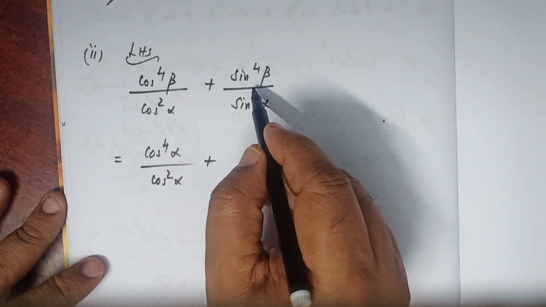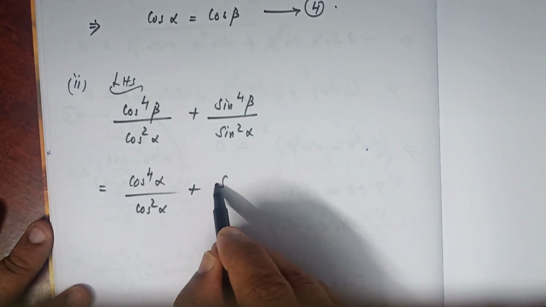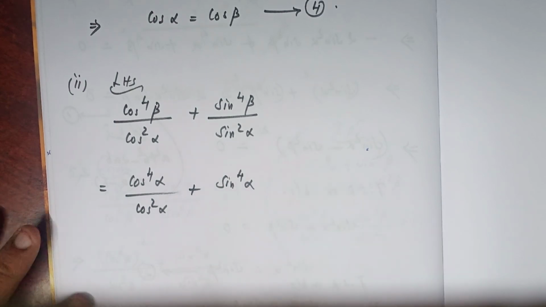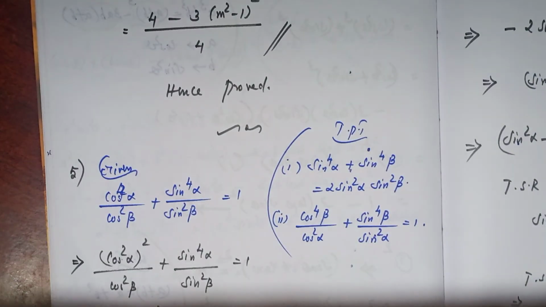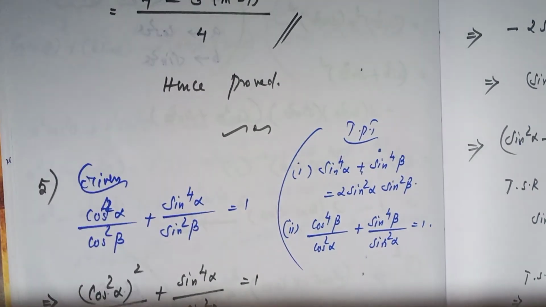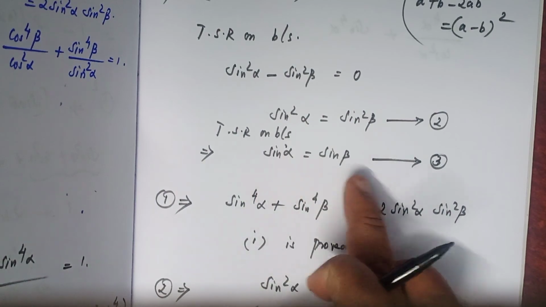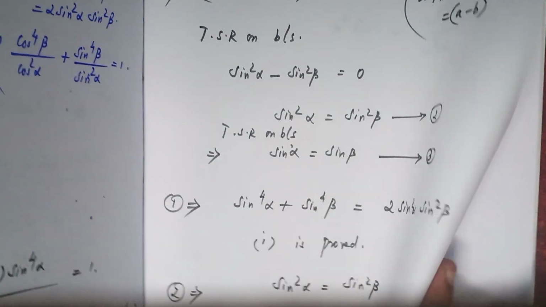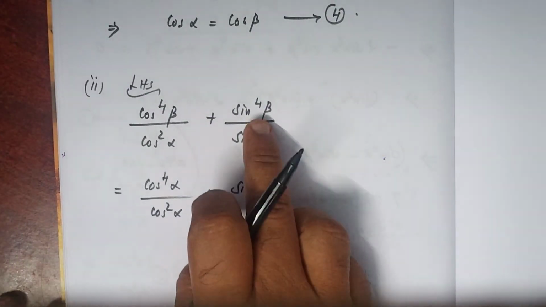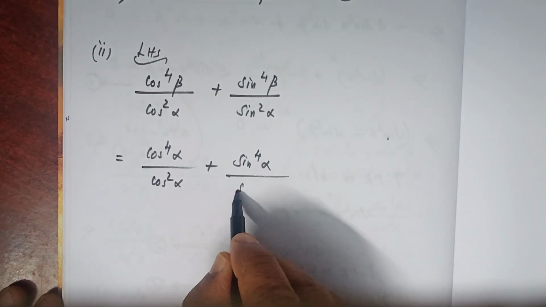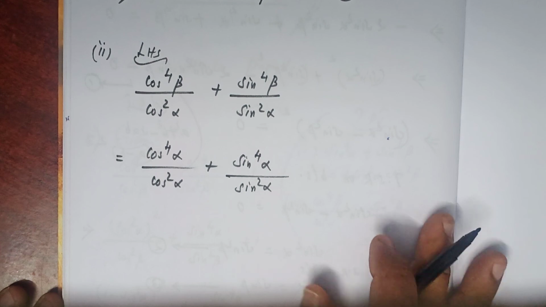Like that, sin power 4 beta can be written as sin power 4 alpha because sin beta and sin alpha are same. In equation number 3, what we have proved, sin alpha and sin beta are equal. So this becomes sin power 4 alpha divided by sin squared alpha.